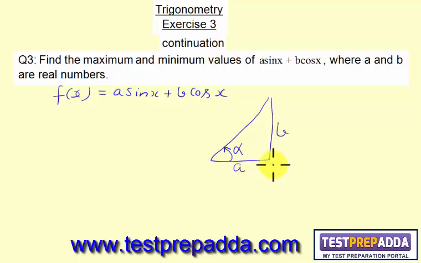Okay, so if B is perpendicular, A is base, this angle is 90 degrees. Pythagoras theorem will give you the value of hypotenuse, root A square plus B square.